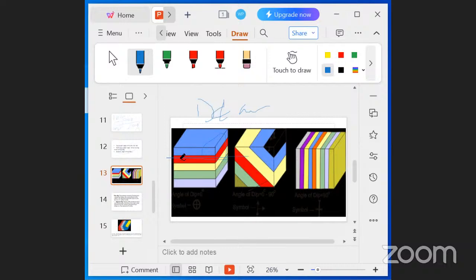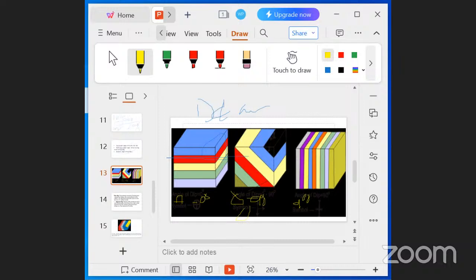And the strike of the bed is independent of its amount of dip, right? So now here, the angle of dip is 0 degrees. See this picture, 0 degrees. And here 0 to 90 degrees. And here 90 degrees only.